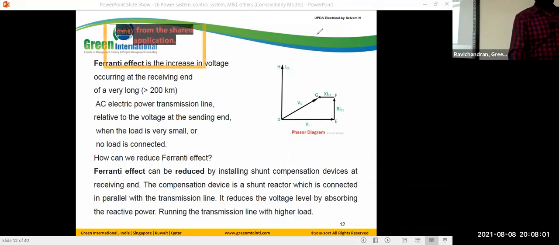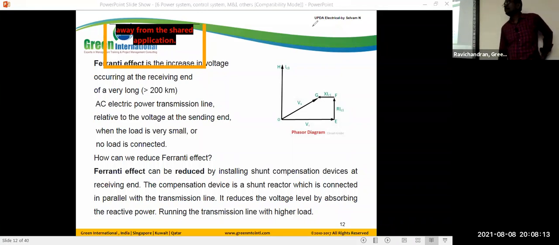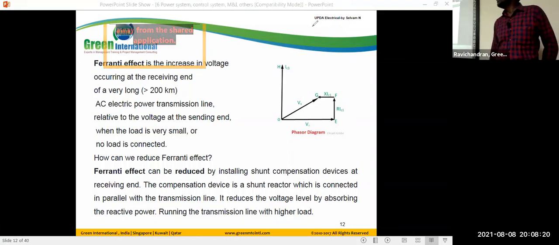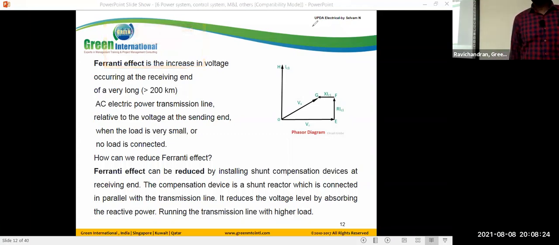When the load is a capacitive load or a no-load condition, under these two conditions, the Ferranti effect will happen. So the Ferranti effect will happen late night. For example, at 6 o'clock all the loads are connected.